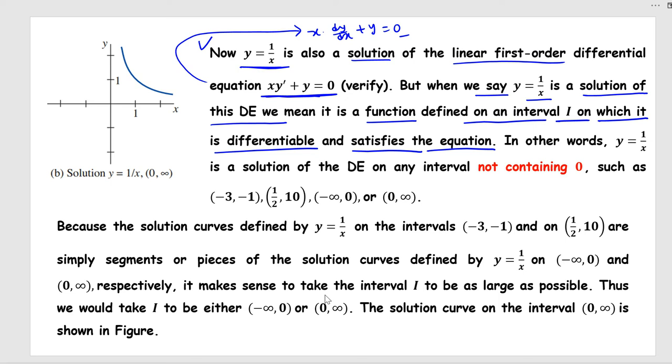Whenever you mention that it is a solution, that means you are thinking of this function also, the derivatives also exist on the particular interval. Whenever we say y is a solution of this differential equation, then we automatically assume that these derivatives will exist on the particular interval.